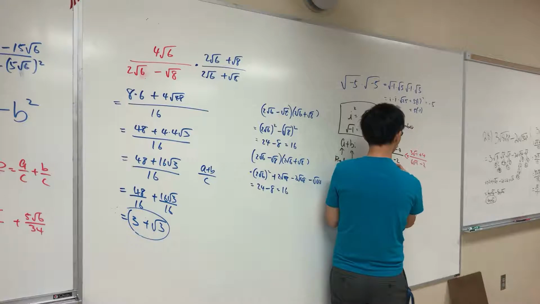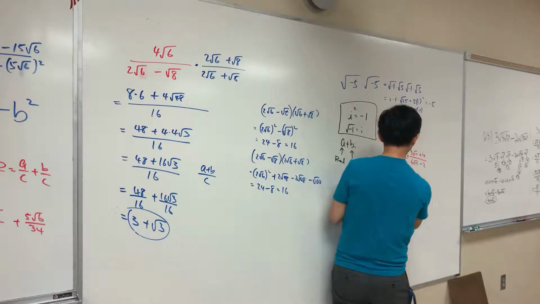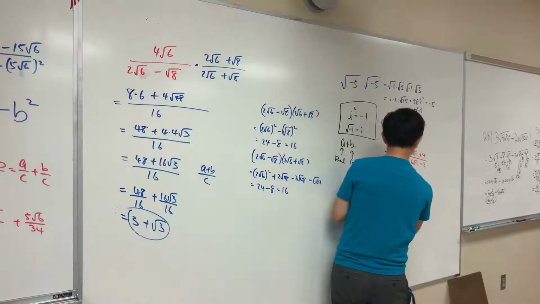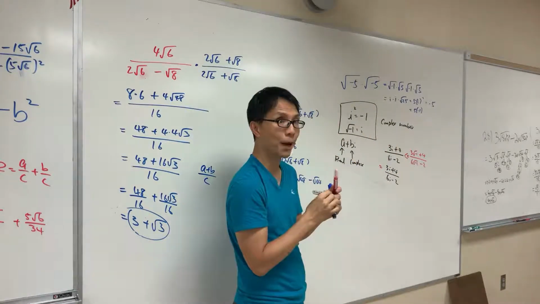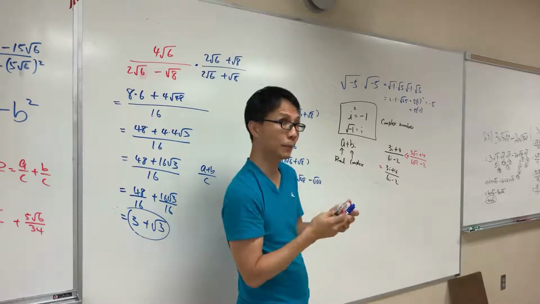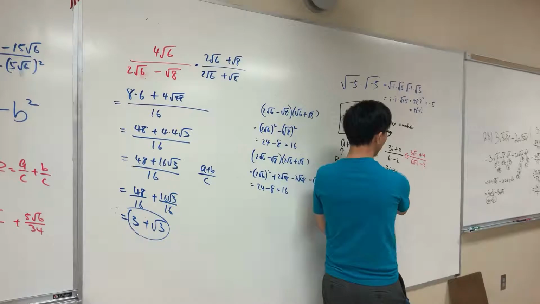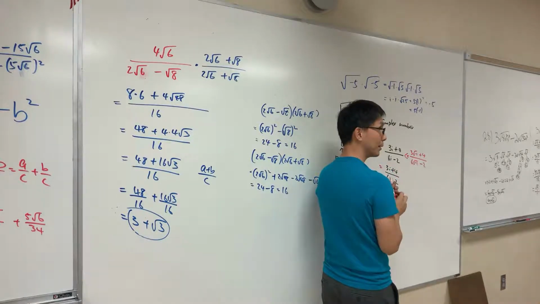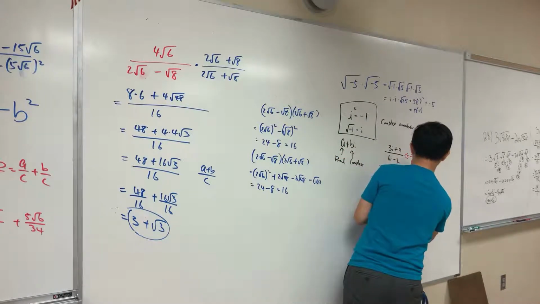So can I start with 3i plus 4 over 6i minus 2? Can I multiply by the conjugate? What is the conjugate here on the denominator? Not the numerator, always pay attention to the denominator. 6i plus 2, right?